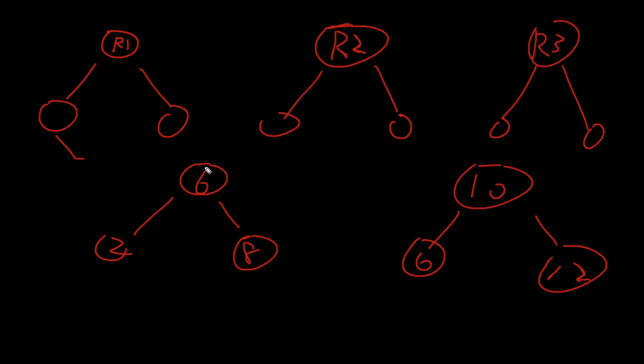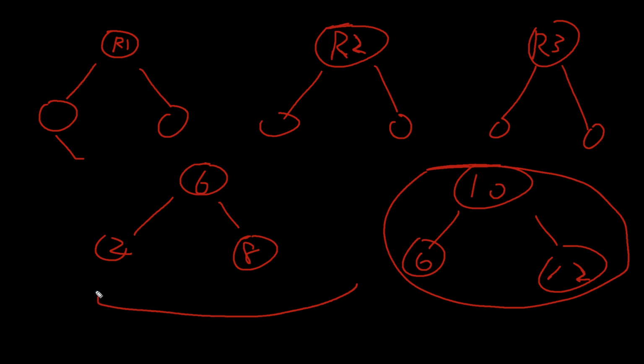This is because if we use 6 as the root node of the merged BST, this one will eventually merge somewhere below this root, either to the left or to the right, right?